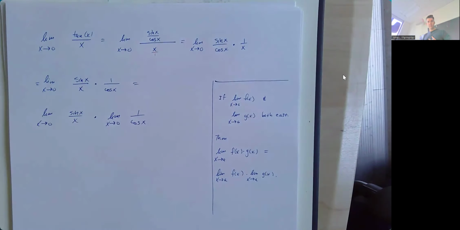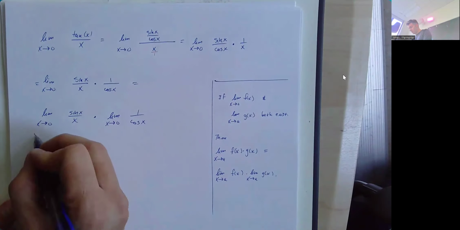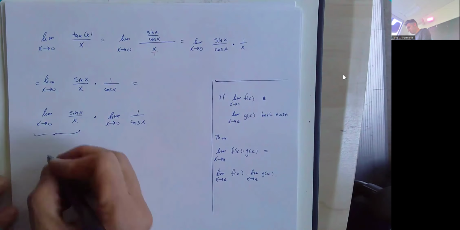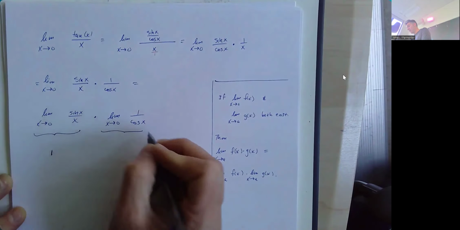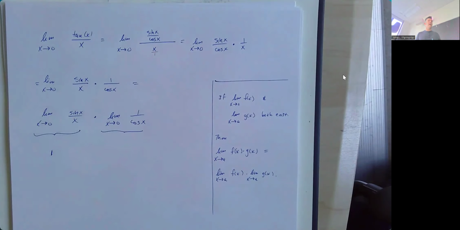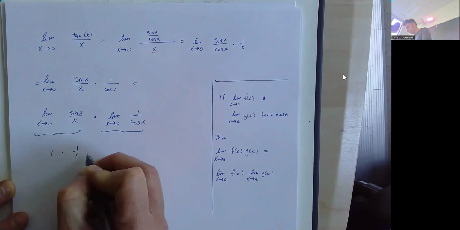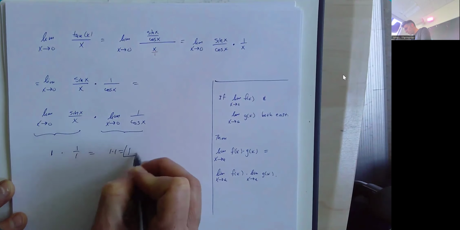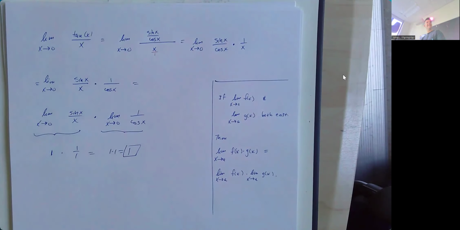We know this first part has a limit of what? Right. And then the second part, if I plug in 0 for x, cosine of 0 is 1. So I do get 1 over 1 for that part there. And I end up getting 1 times 1, which is 1. Kind of neat.